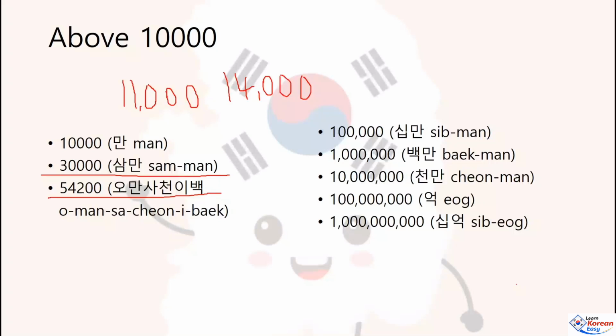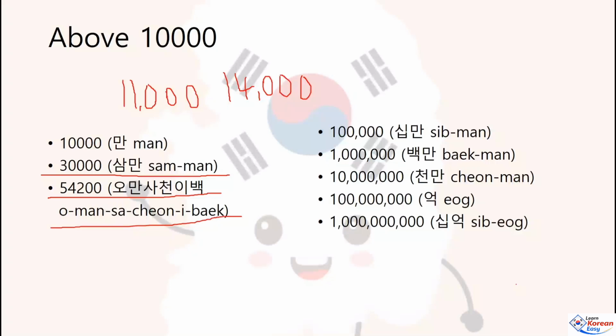So this is 54,200. 54,200 in Korean would be... So in English, you know how at the end you put and, like 54,000 and 200. In Korean, there's no and. You just go 54,200.